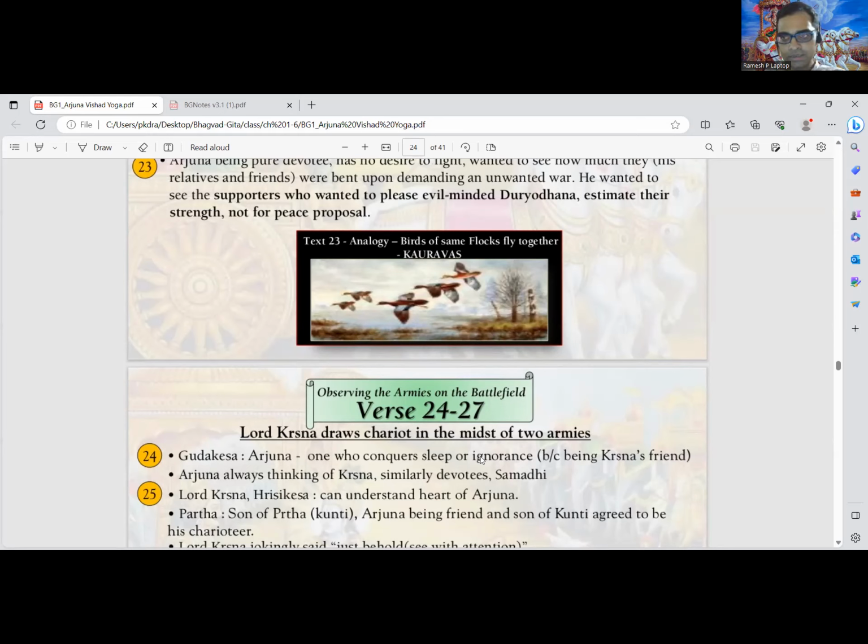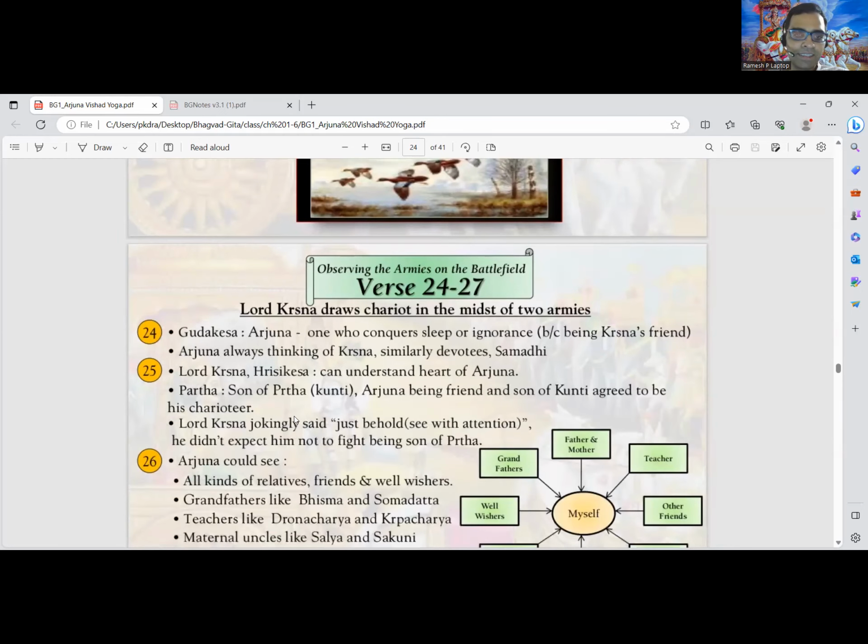He could understand what is going on in Arjuna's mind and what his feelings are. So with a smile, he says, behold the Kurus. Lord Krishna jokingly said, just see with attention.